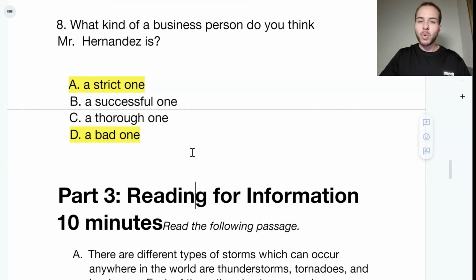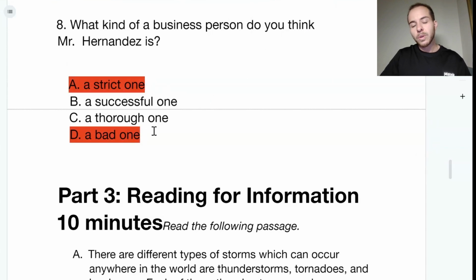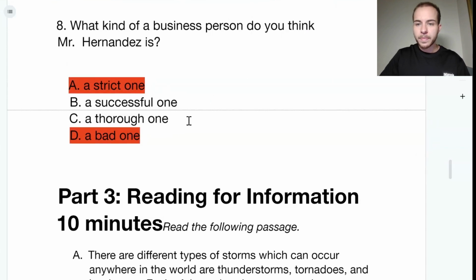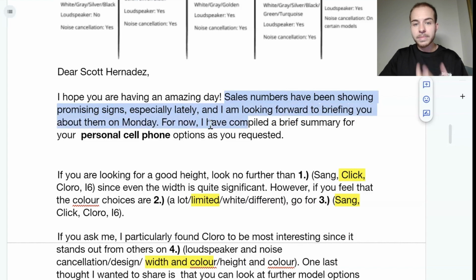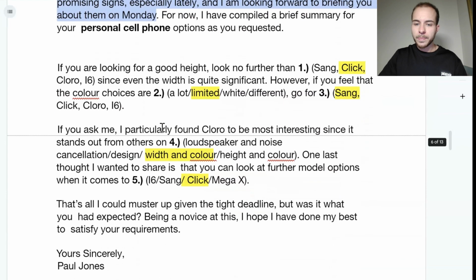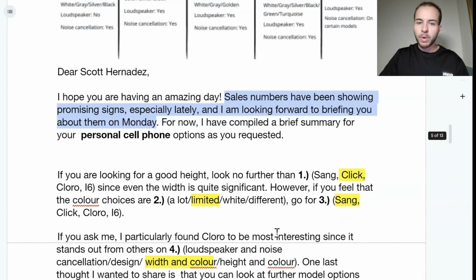This is quite a peaceful conversation, not interrogative. So, successful or thorough? Now, I've seen this sentence a few times, and it seems like it's a very successful sentence. But maybe he could still be thorough. We've got tight deadlines. I've done my best to satisfy you. No, that's more on the Paul side.